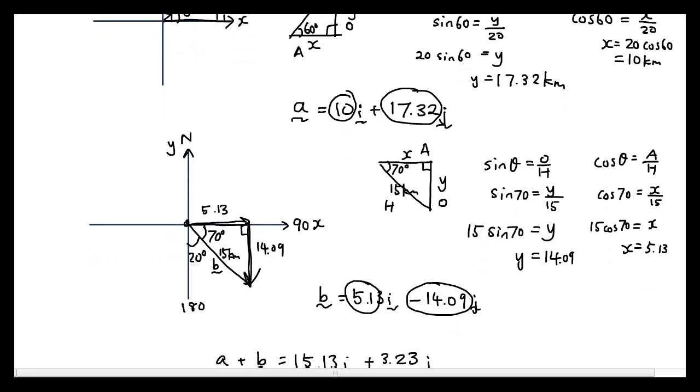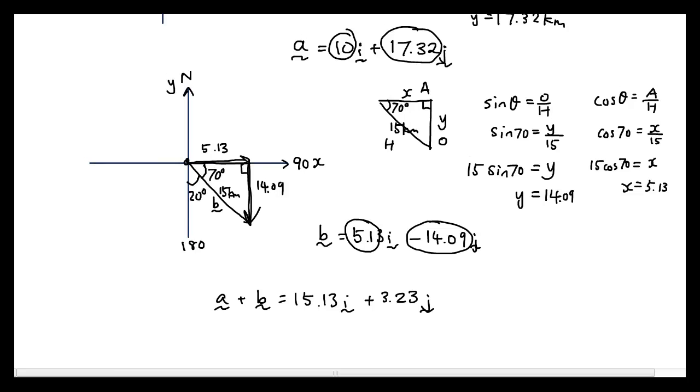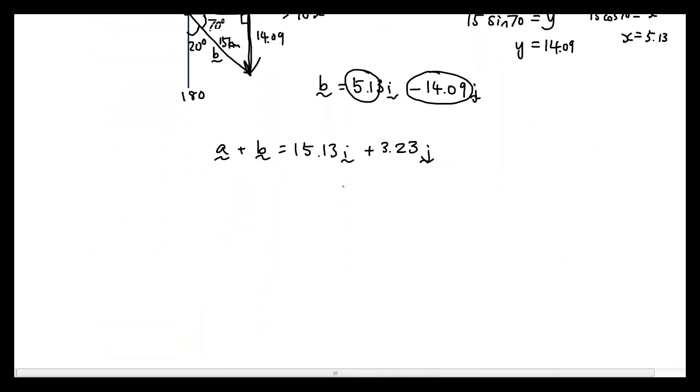Okay, and once you have done that, then all you have to do is we want his resulting position with respect to the starting point. So then what we need to do is again draw this bearing. So we have the Cartesian plane, and we're starting from the middle, and we move to the right 15.13 units.